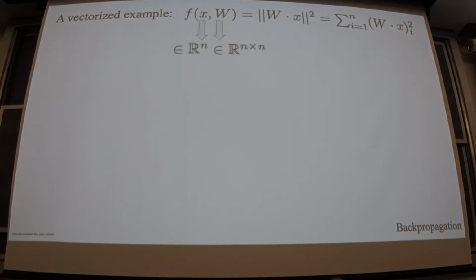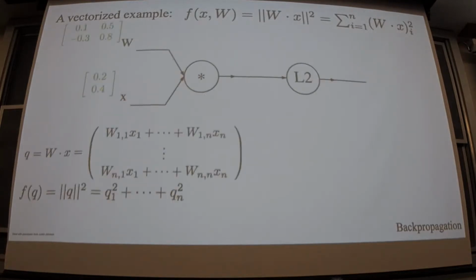But you can do backpropagation. I'm not going to spend a lot of time here because you can do backpropagation in the vectorized format as well. So you can have your inputs. In this example, what we have is the square of the norm of the vector Wx, which just looks like that, for having n inputs, and then it would be two inputs.